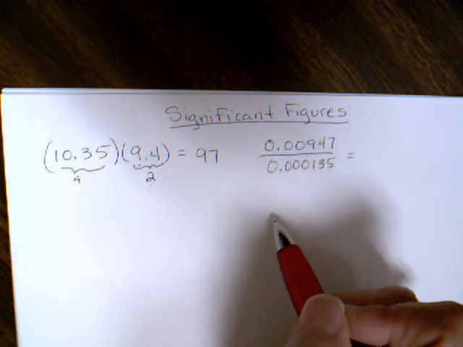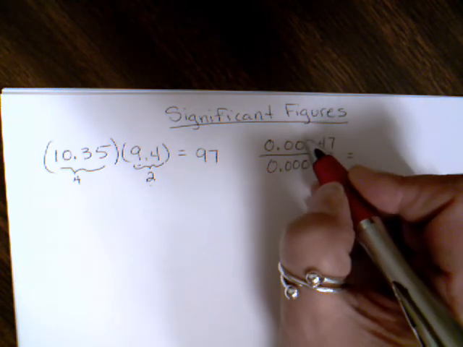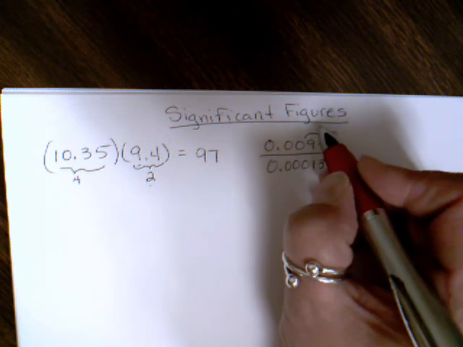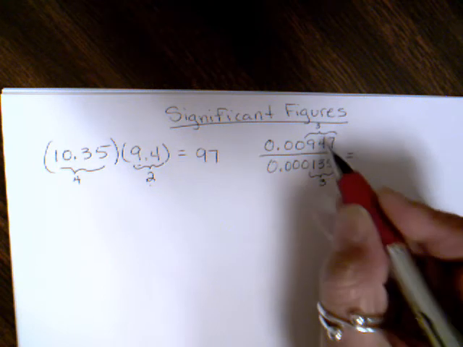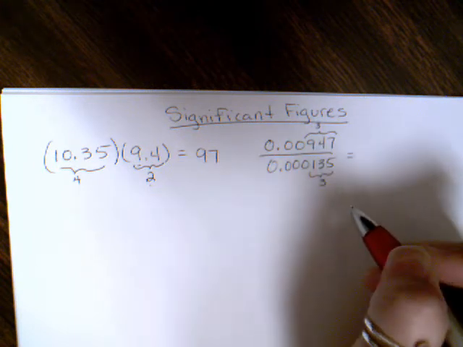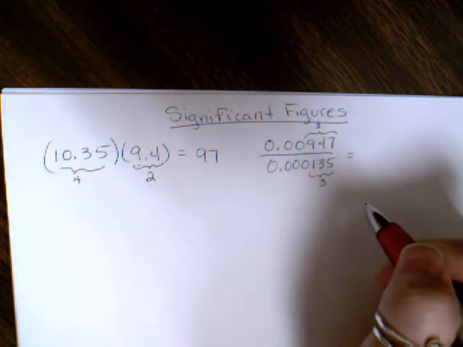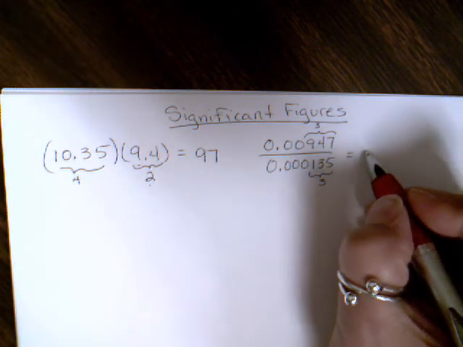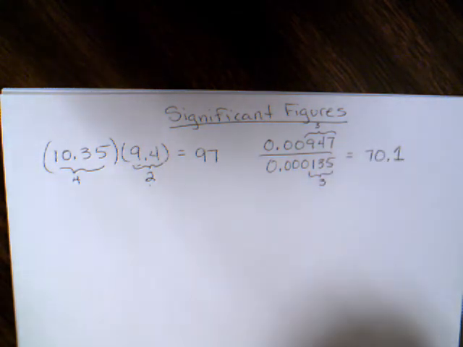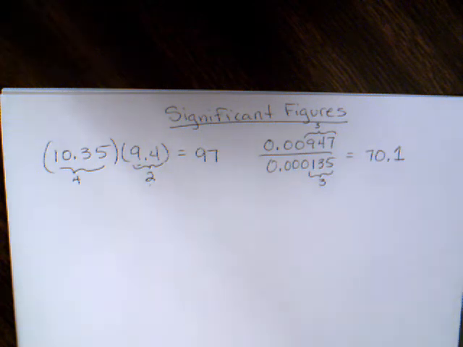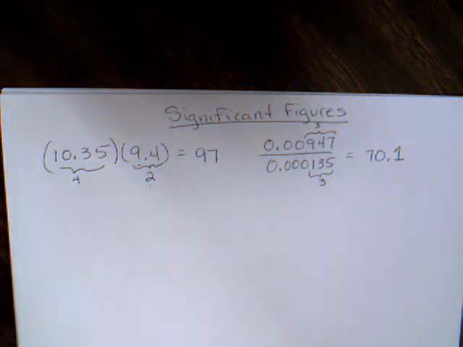Any zeros before a number do not count. So in this case, you only have 3 significant figures here, 3 significant figures here. They are equal. Your answer will need to be in 3 significant figures. So your answer is 70.1. You need to be doing these in the calculator and see where I'm rounding this. And rounding is important. You need to make sure and round.